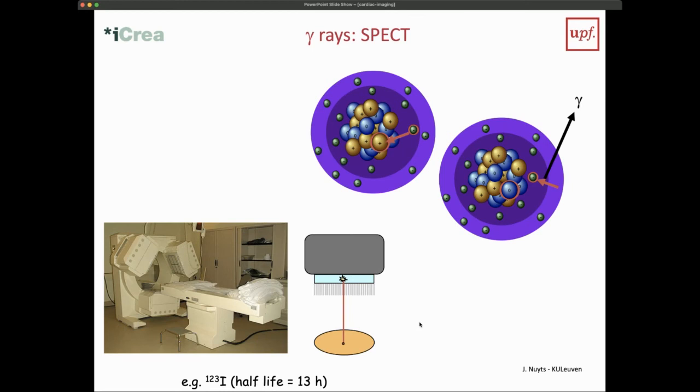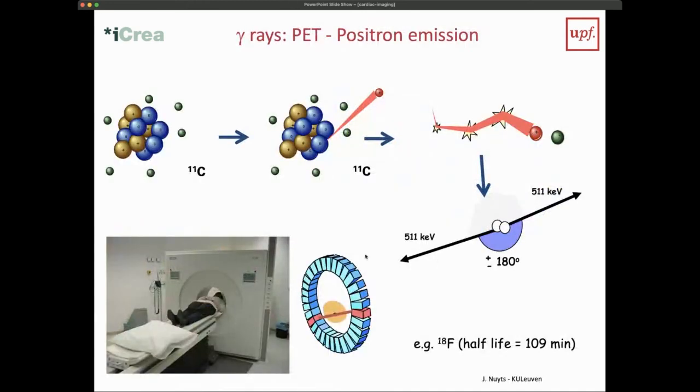Then we try to detect where these radioactive molecules went, because when we look at SPECT, we have gamma emission. And as you know, we have a gamma camera, we have a collimator, and this way we can see where photons are coming from, and then we can make a reconstruction of the distribution of these radioactive tracers.